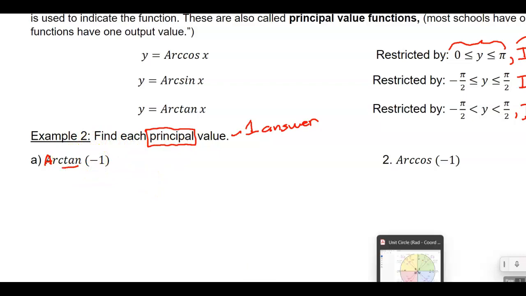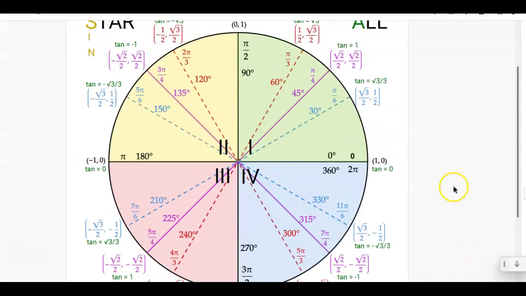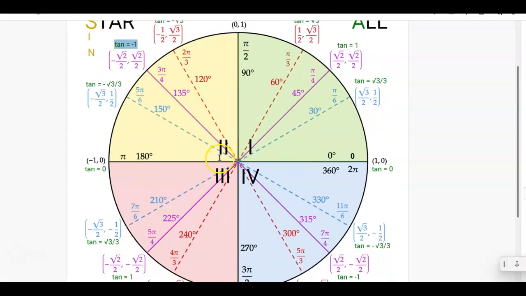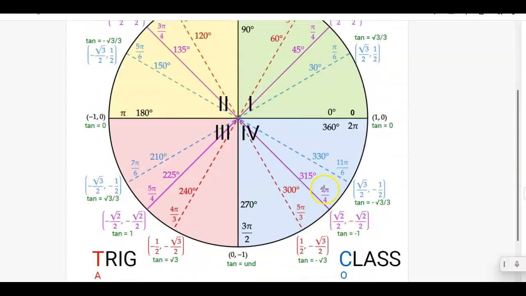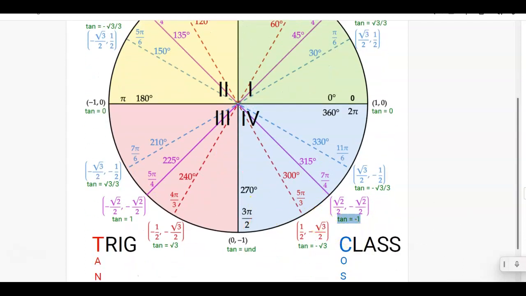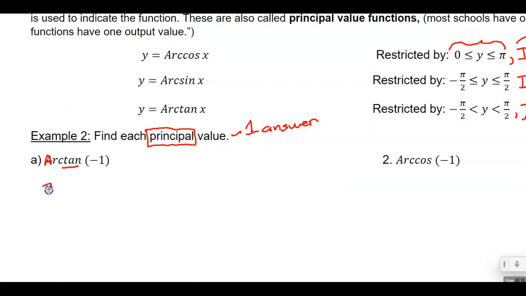Which ones have a slope of -1? All right, over here, 3 pi over 4 has a slope of -1. And 7 pi over 4 has a slope of -1 also right here. So I got two answers, 3 pi over 4 and 7 pi over 4. And this is what you did on your homework.